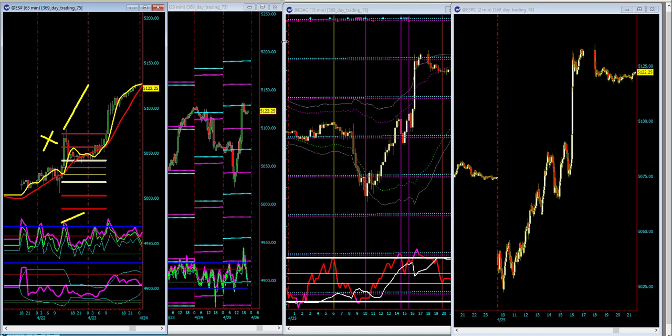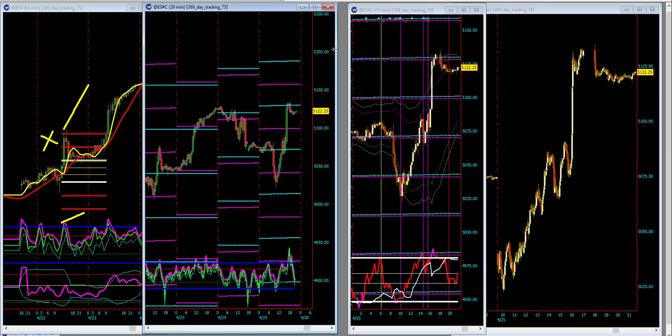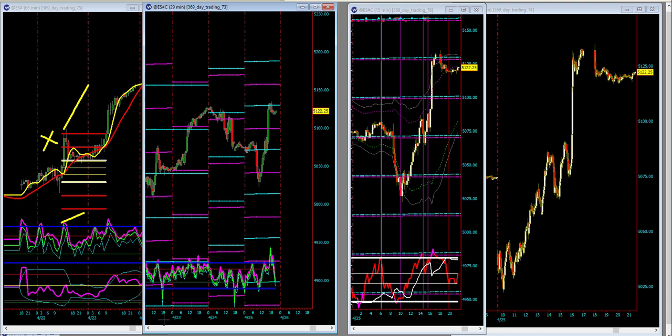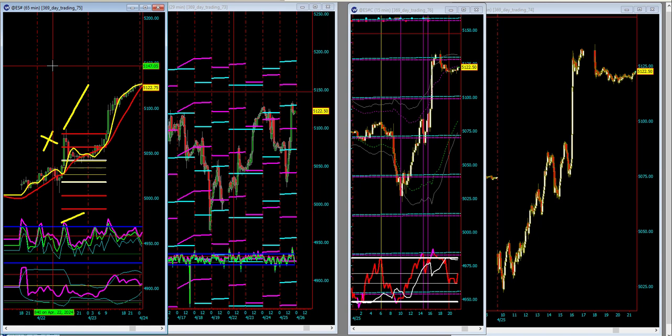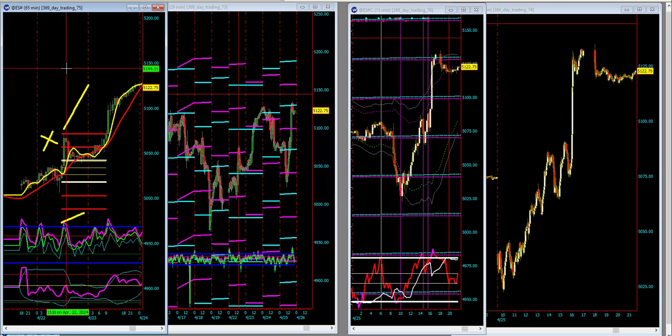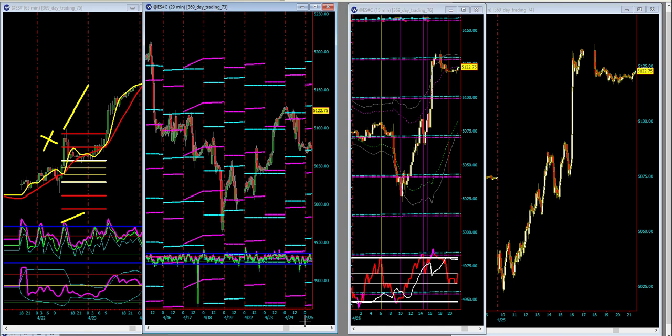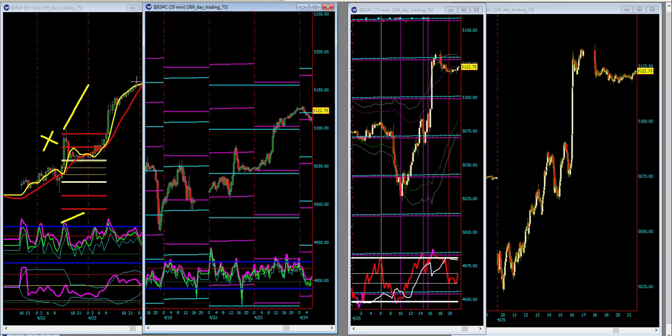Now if you look at the 30 minutes chart, we are on the energy level, which is a very strong level because we have 1, 2, and 3 all at the same level.